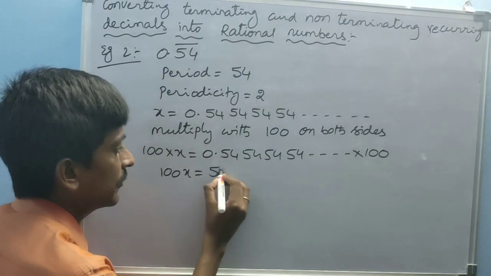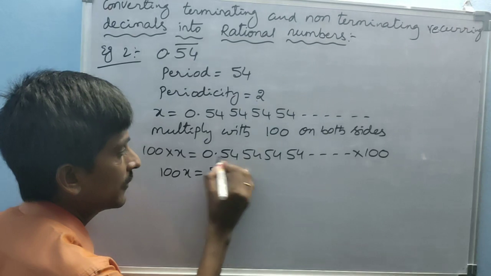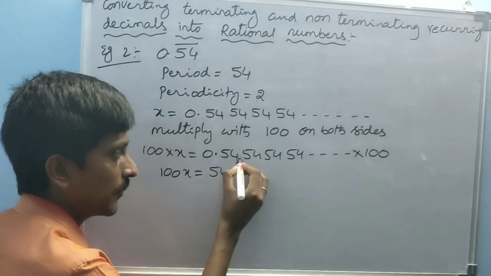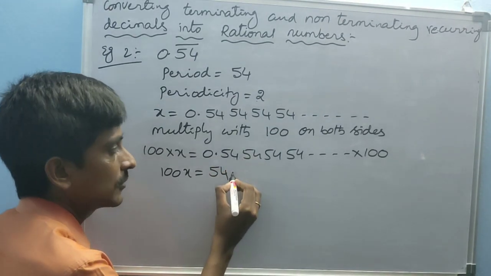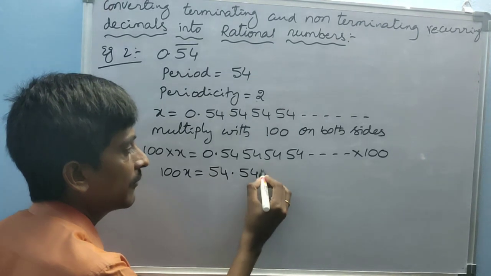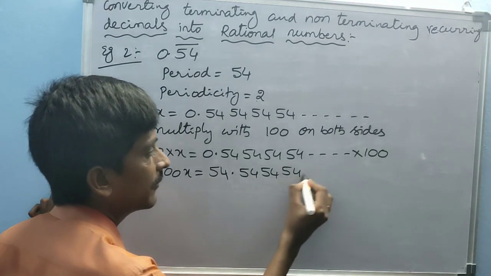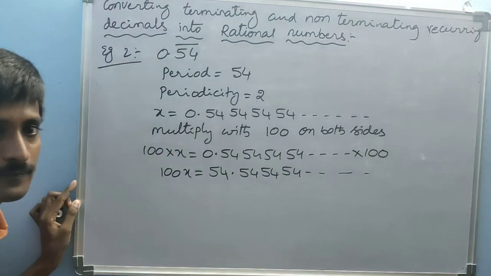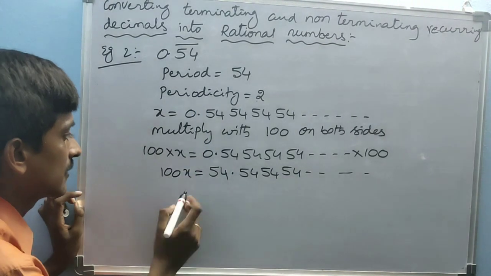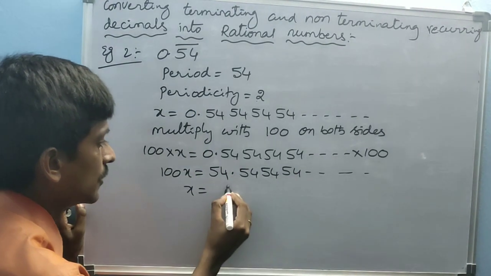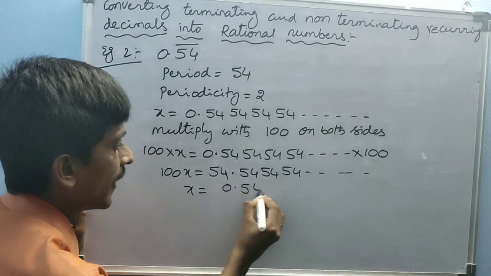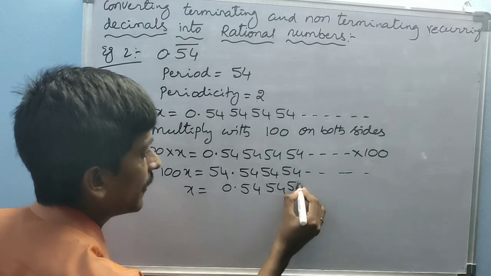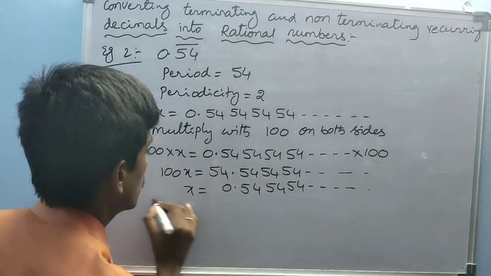So 54 point, the decimal point moves to here: 54.54, 54, 54 and so on. Subtract this one. x equals 0.54, 54, 54 and so on.